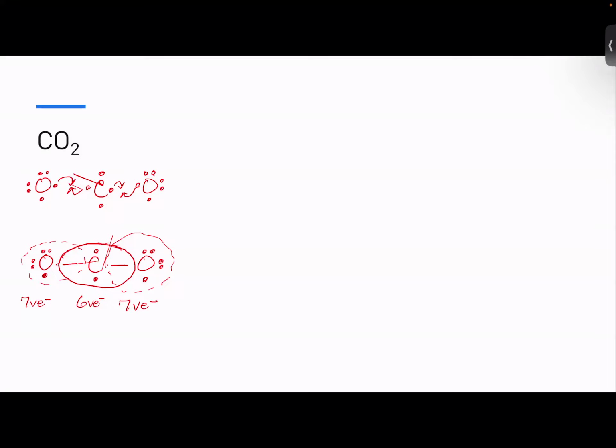Now, what happens is the oxygen is going to share another pair of electrons with the carbon. And this is going to be true for each of our oxygens. We're going to share another pair of electrons between the two, so that the structure that evolves is this structure.